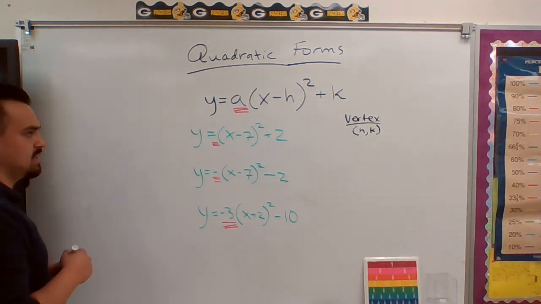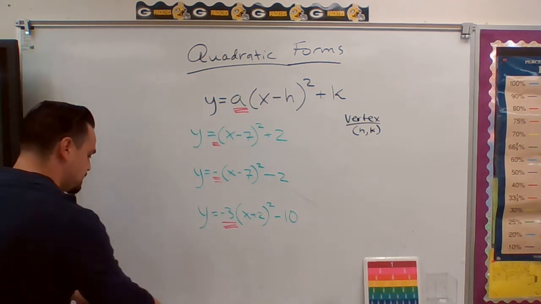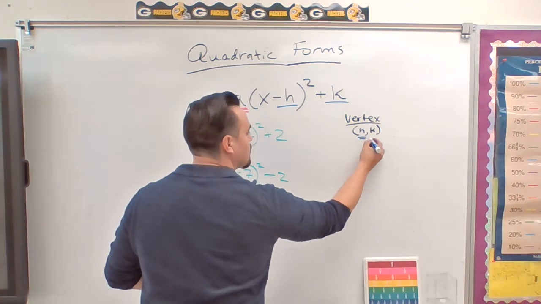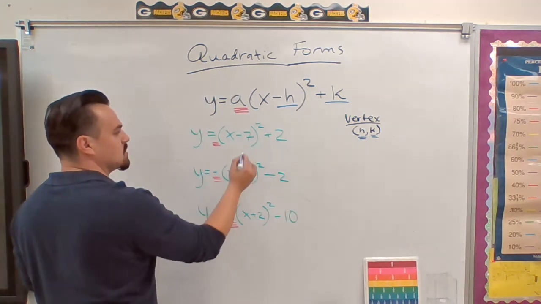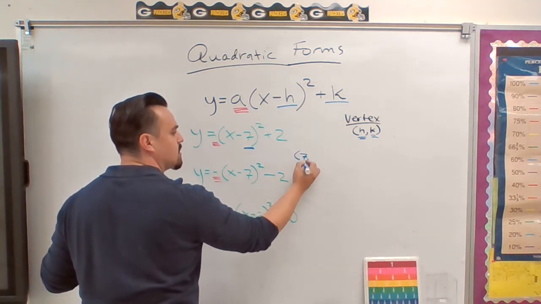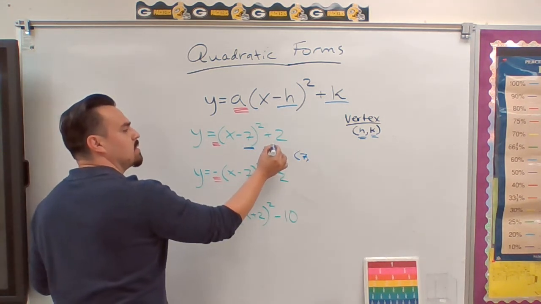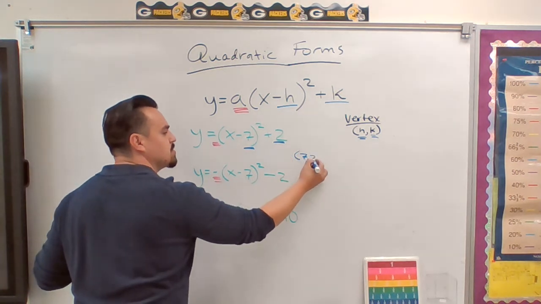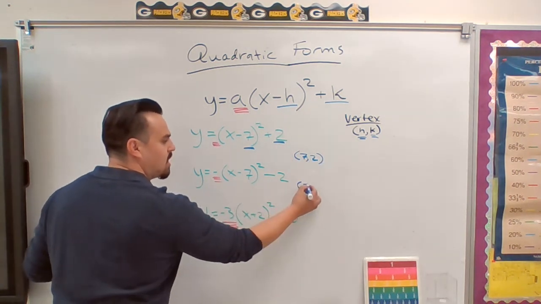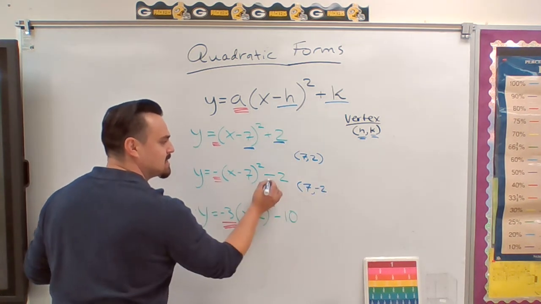What else does this tell us? Well, remember, our H and our K tell us our vertex. So what is our H here? Our H is 7. That's our X coordinate point. And our K is 2. That's our Y. In this case, once again, 7, but this time it's negative 2, as you guys can see.